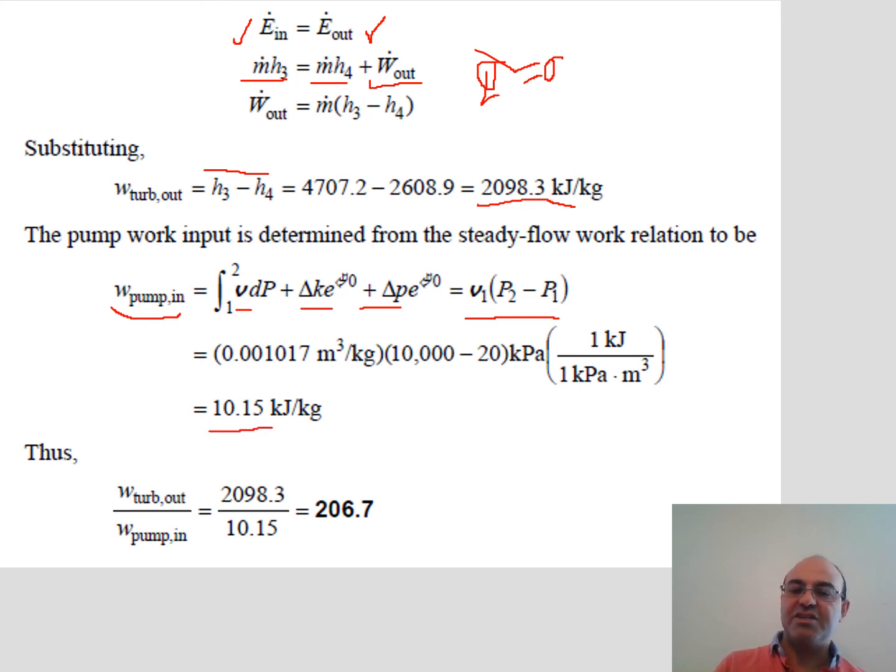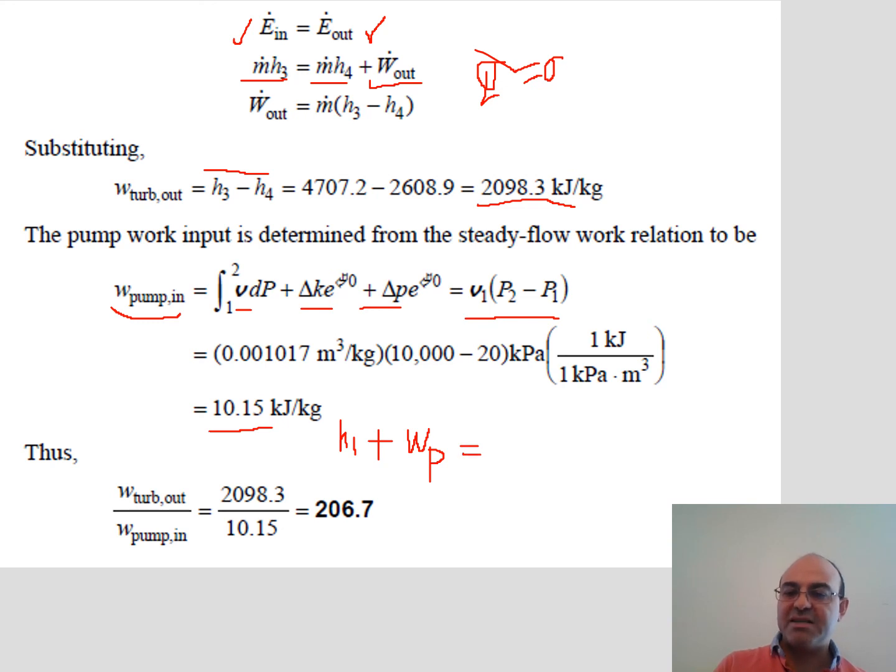Now if we go back to the energy balance, the first law for the pump, H1 plus W of the pump, and there is no heat transfer, is equal to H2.